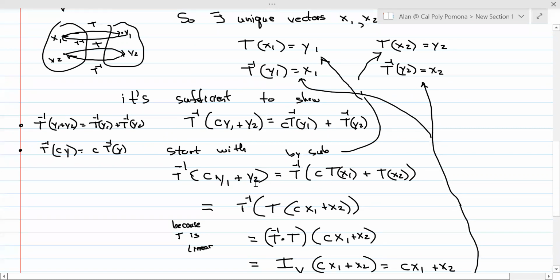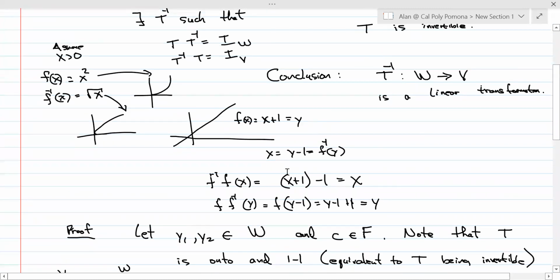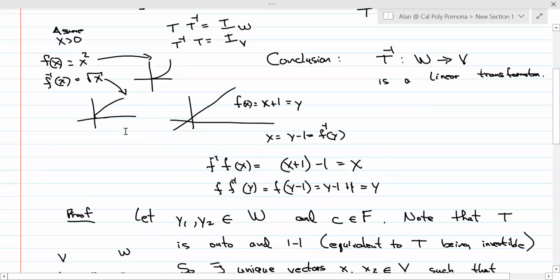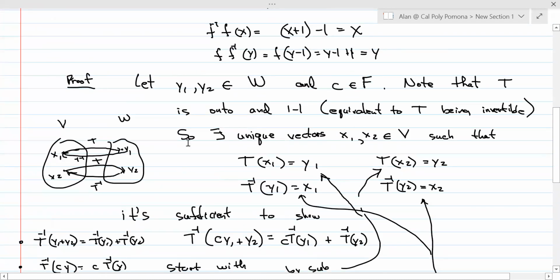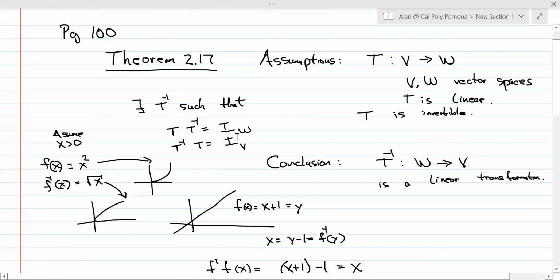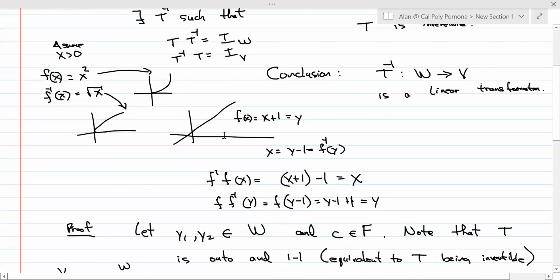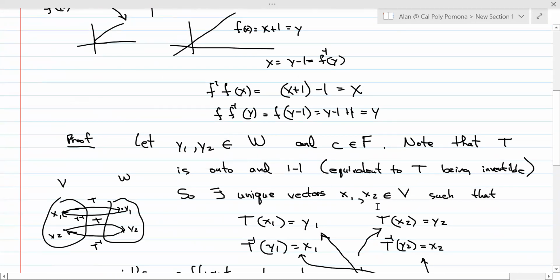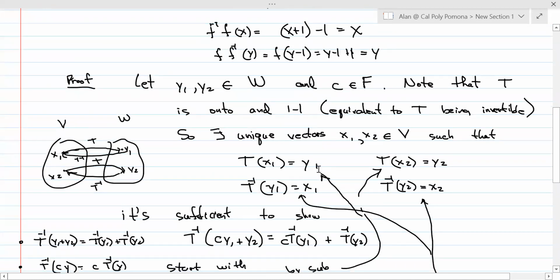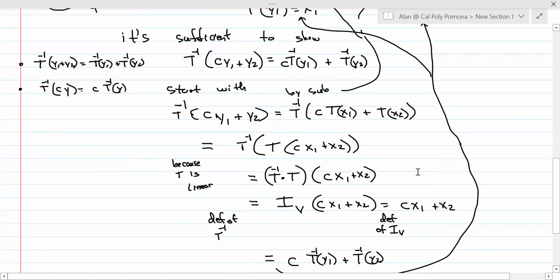And you're putting in that if you have any Y1, Y2, you already know it came from someplace over here in this diagram, X1 and X2 in this way. So you already know these equations hold. Y1 is T of X1, Y2 is T of X2. And then just go through the steps.